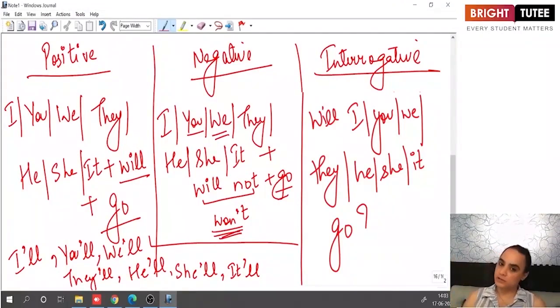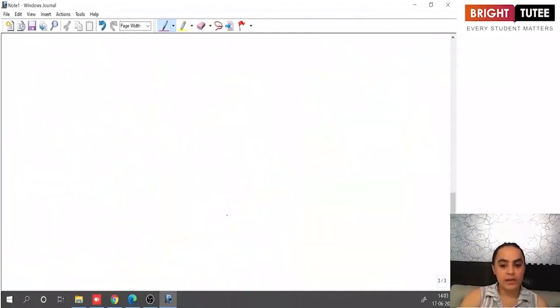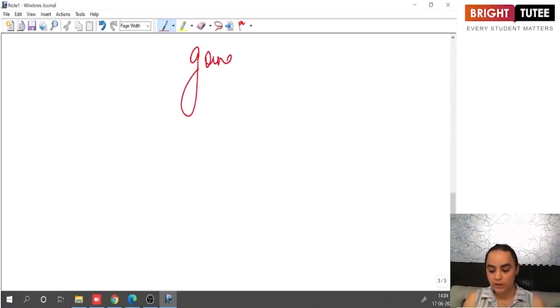And so on. Okay? So this is how, dear students, we write the contracted forms of the positive as well as the negative sentences. Okay? Another way in which we can frame a sentence for the simple future tense is the going to form. Going to.